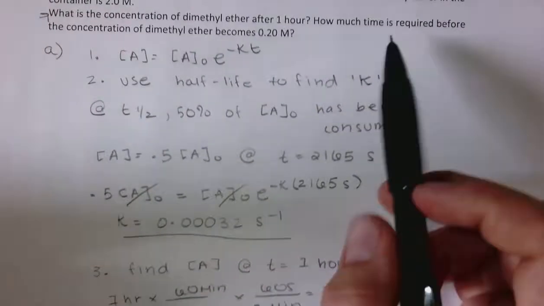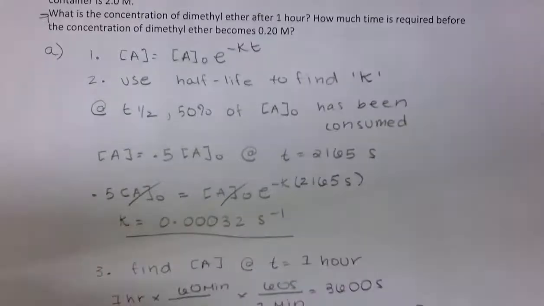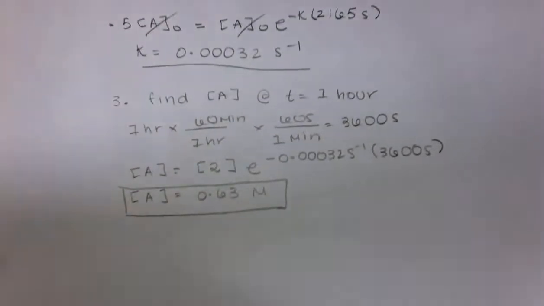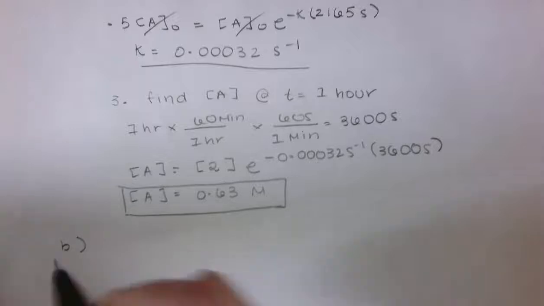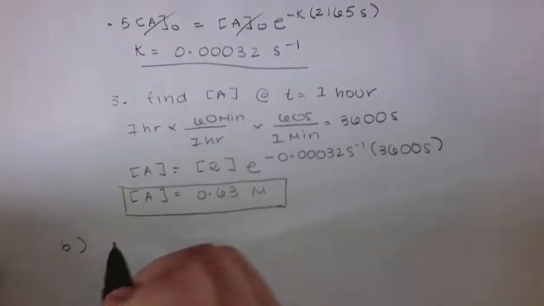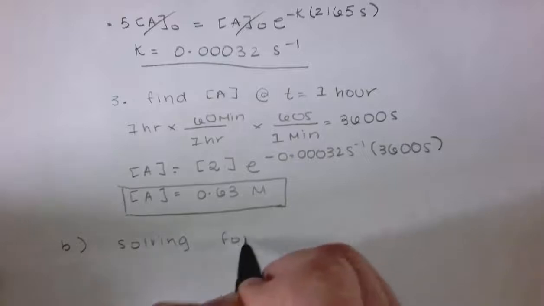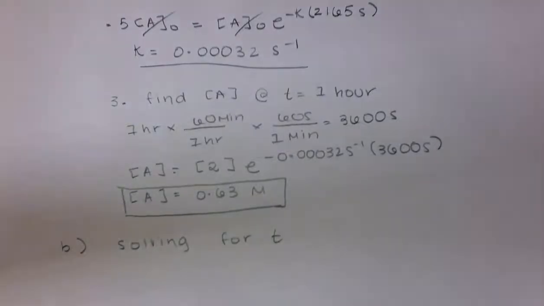And part B asks how much time is required before the concentration of dimethyl ether becomes 0.2 molar. So in our case now, we are solving for T. And a lot of these problems are just asking you different variations of the same thing.